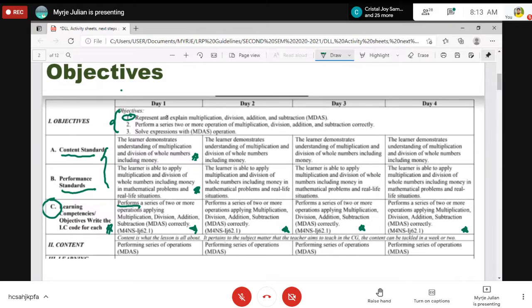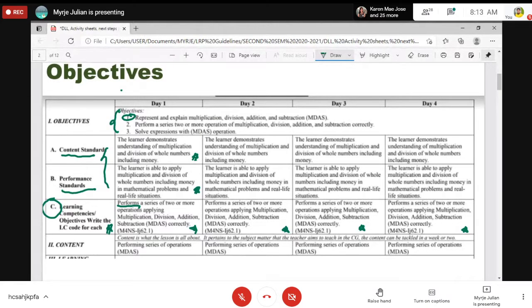That's why our objectives are always based on the learning competencies. Our objectives are like our guiding light in terms of the teaching-learning process. From general, it became more specific, then even more specific, and the third level of specific is the learning competencies.